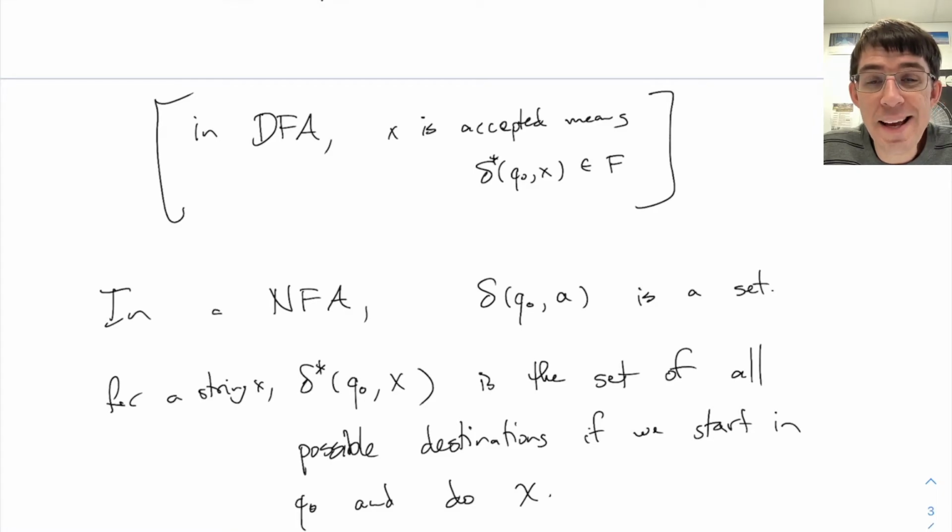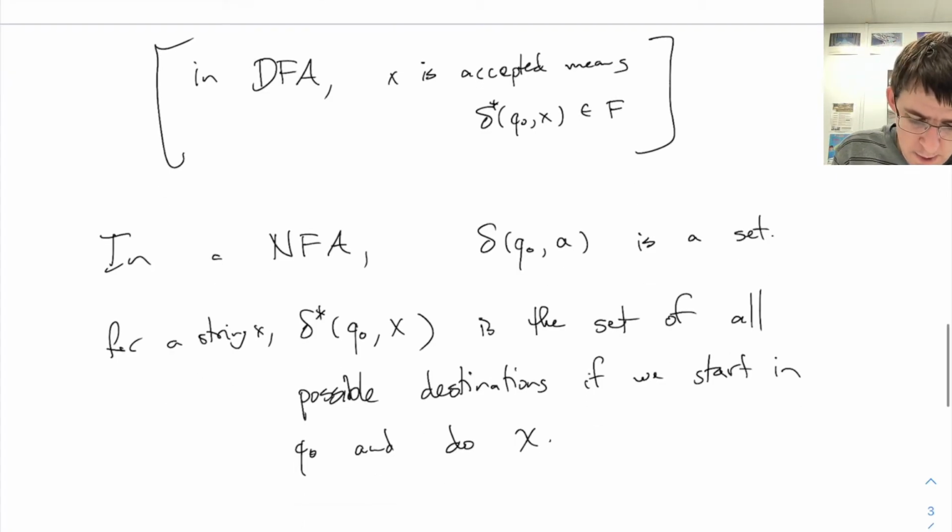And then what does it mean to be accepted? Remember we said last time, X is accepted if any of the possible destinations is an accepting state.